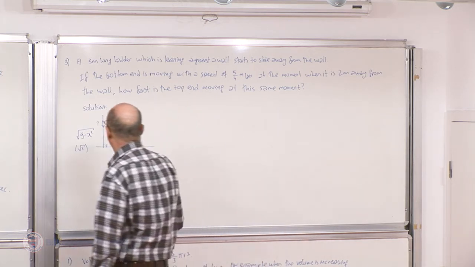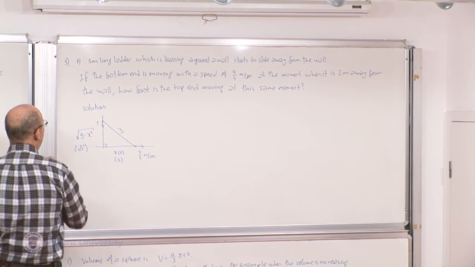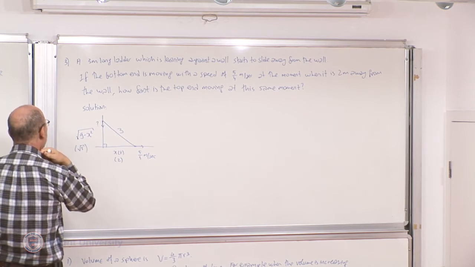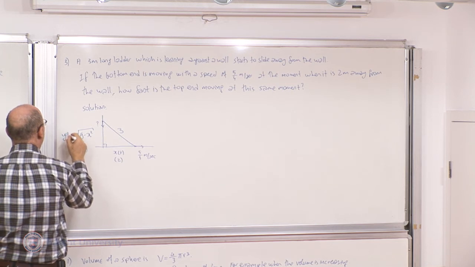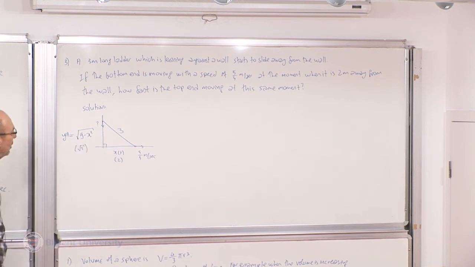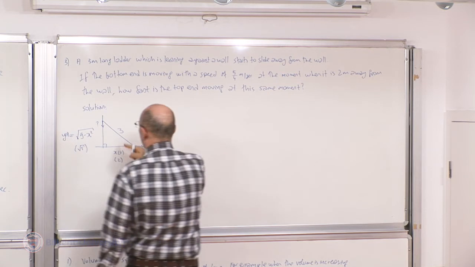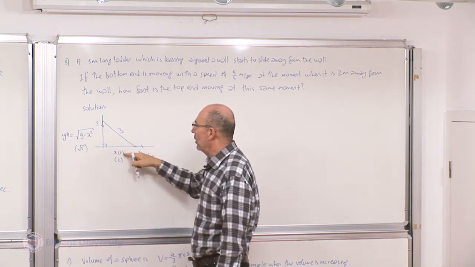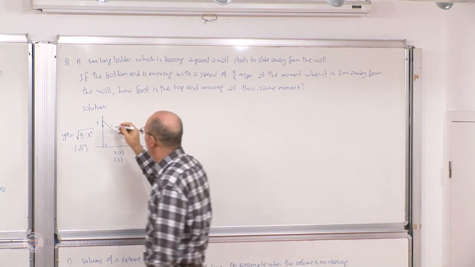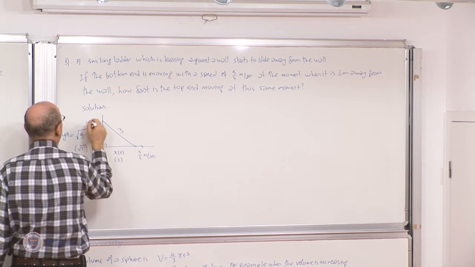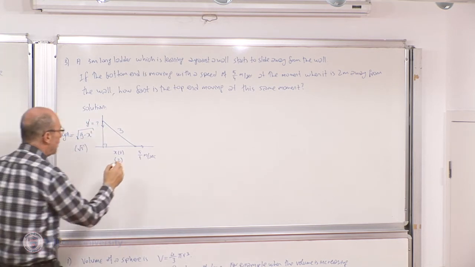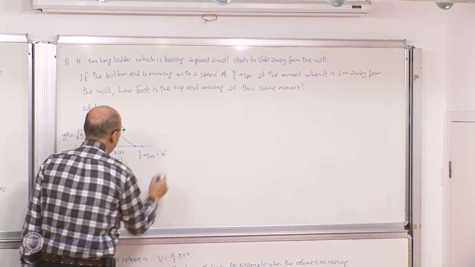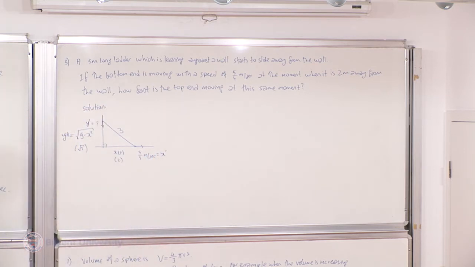Let's call this y(t). I have a relation between x and y, because the question is: what is y prime? Y prime is what? And this is x prime.